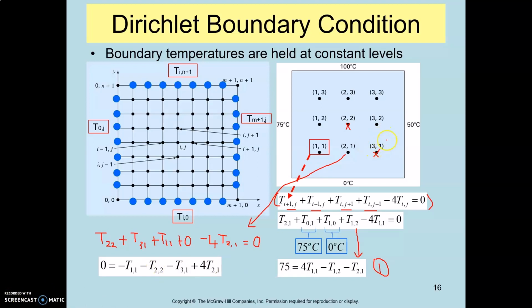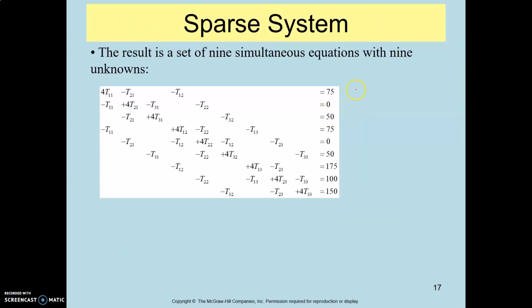If you continue to solve T31, and for the rest, you should obtain 9 equations. So these are the equations that you obtain. You have 9 equations here.